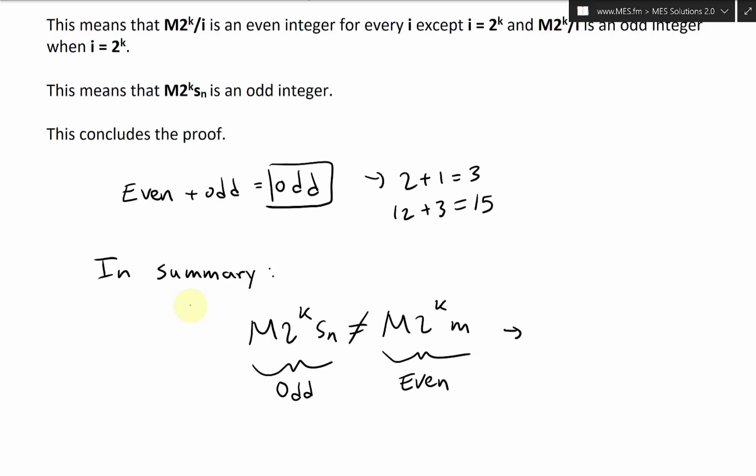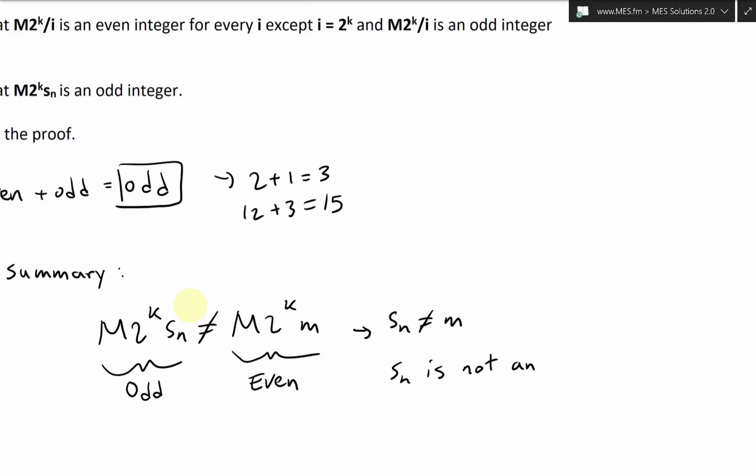And this basically means that Sn is not equal to m, so Sn is not an integer. Write it here: not an integer.